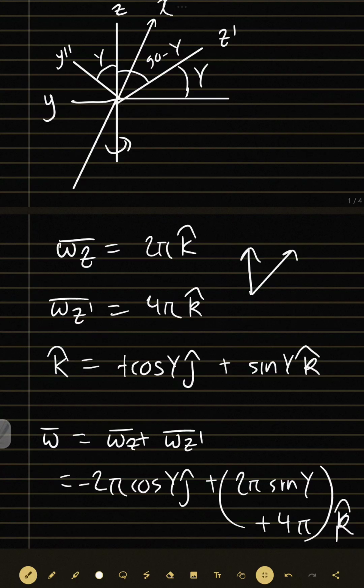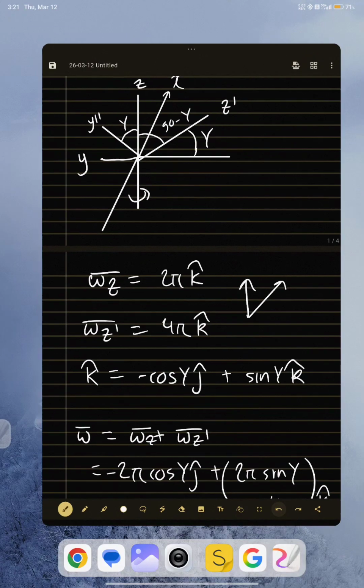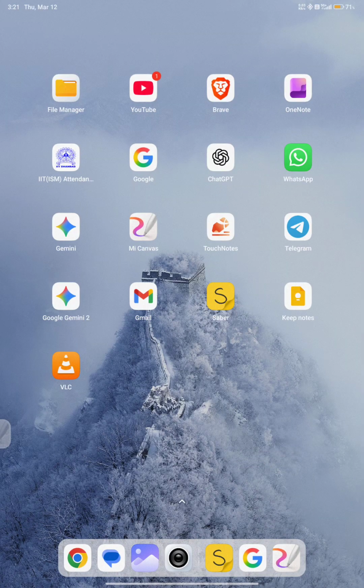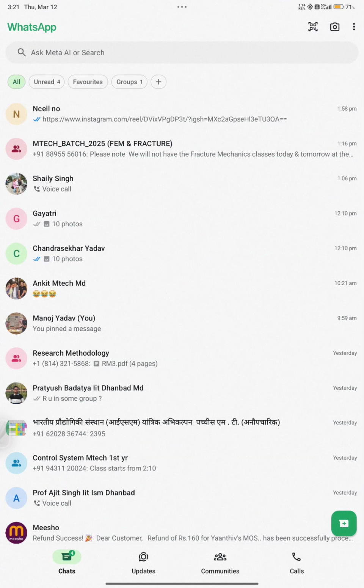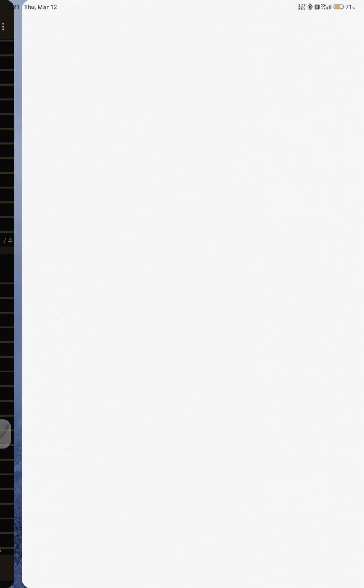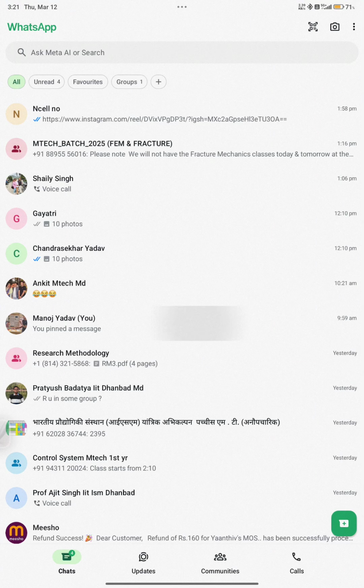This small k is along this direction, right? Yes, small k, and this is small k. K is a unit vector. It is having an angle gamma with, if this is gamma, this is also gamma. So 2 pi cos gamma plus sin gamma.